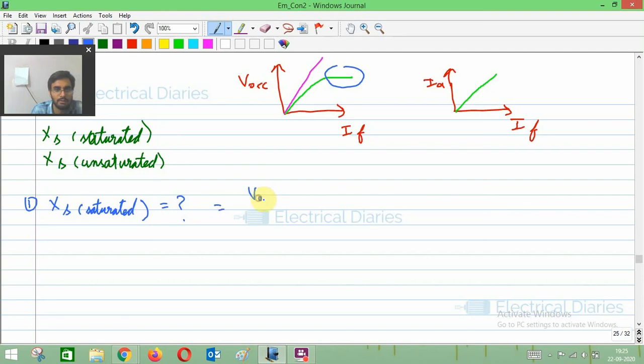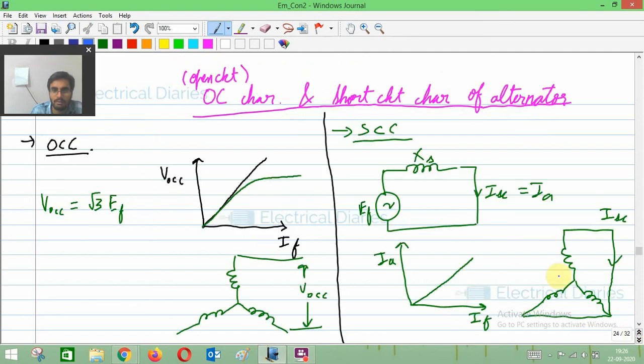Always remember your equivalent circuit diagrams are per phase, so we will take the per phase voltage, VOC by root 3, and this is VOC saturated, that is this constant value. This point will be VOC sat, divided by your IA, which you can write as K2 IF. See where I am applying this KVL: in the equivalent circuit.